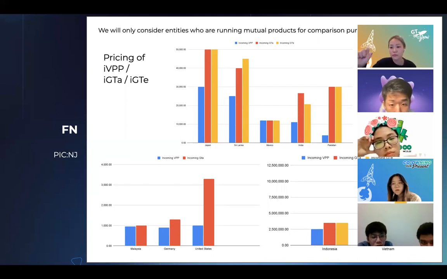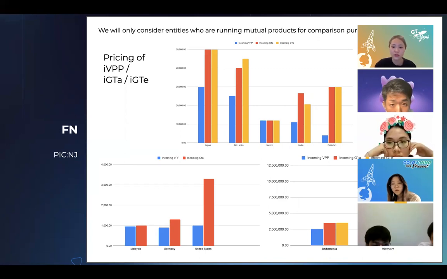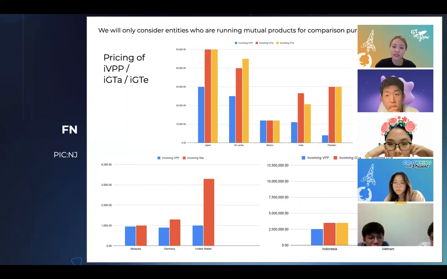But what we haven't identified with the entity is whether that 20% covers administration fees, like legal fees and so on, or whether it is just to make it lower. It's important for us later, when we rethink the pricing strategies, to understand the difference when we sell VPP and GTA, and how we can communicate to our partners in a more effective way.